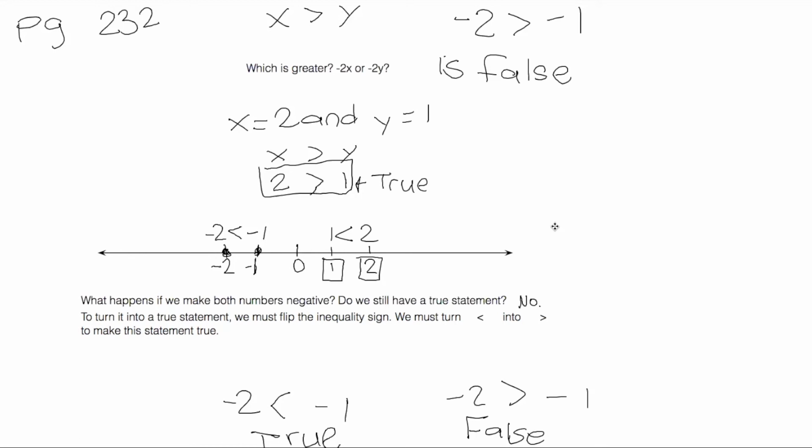So when you said if it's a negative one that has negative numbers, we just flip it. Yep, we always flip the sign whenever we multiply or divide by a negative. So for example, in this problem, we had this to begin with, but then we flipped it because we multiplied by a negative. We changed less than into greater than.